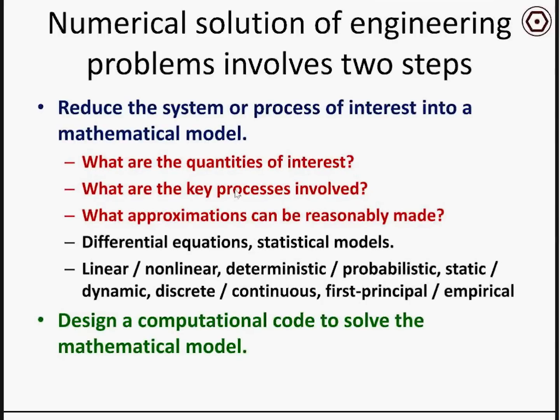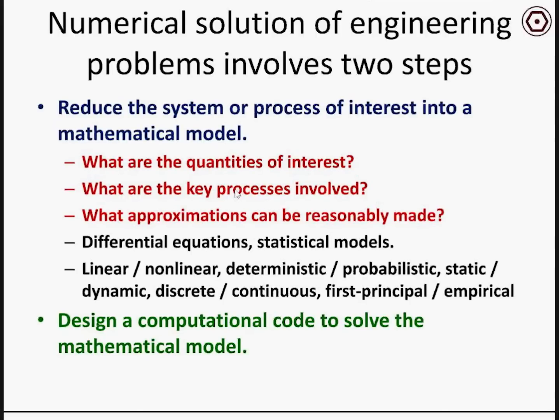It can be linear or nonlinear. Distinguishing between linear and nonlinear equations is one of these. It can be deterministic or probabilistic. At the end of this subject, we are going to be looking at probabilistic simulations. It can be static or dynamic, which involves time or doesn't involve time.